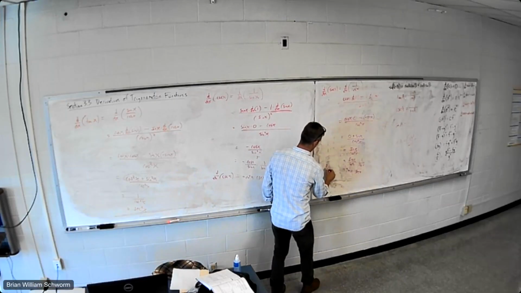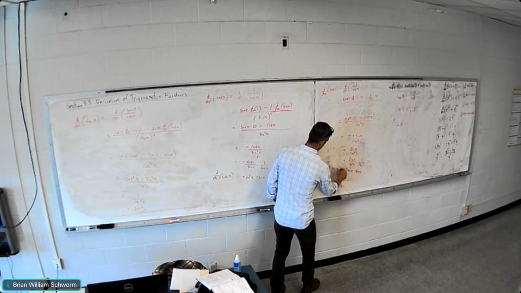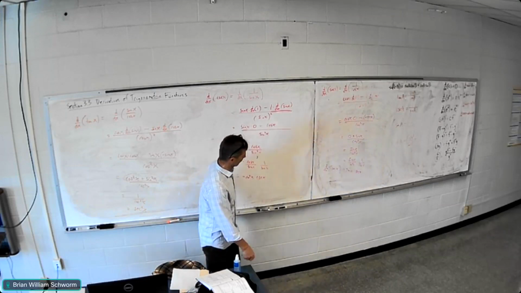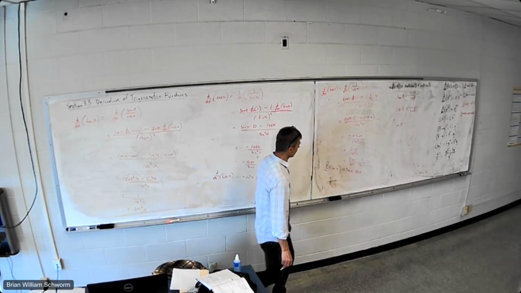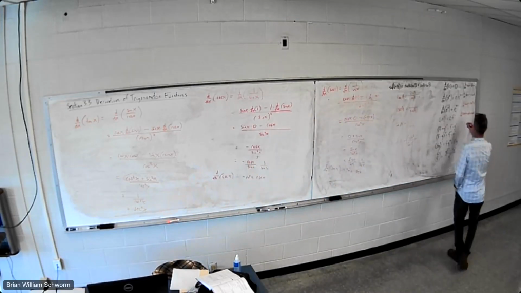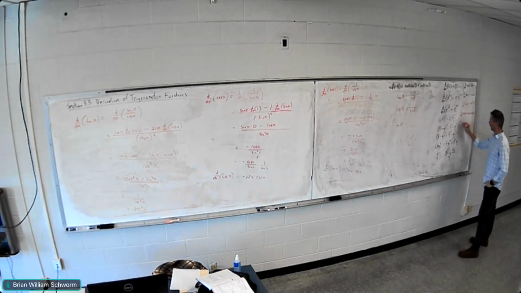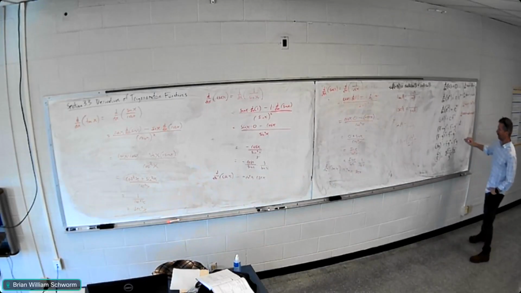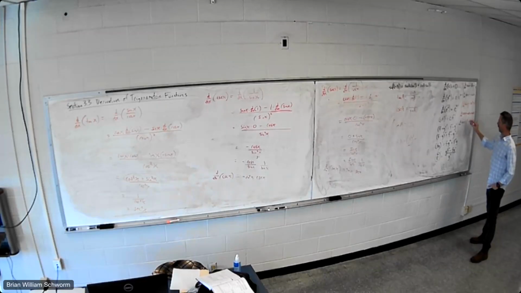So there's the final expression as it's normally written. Derivative of secant is tangent times secant.